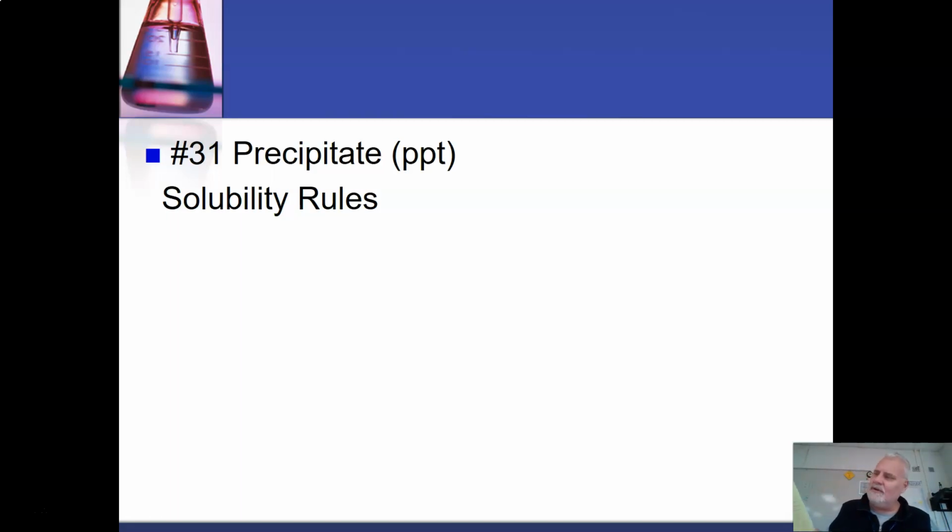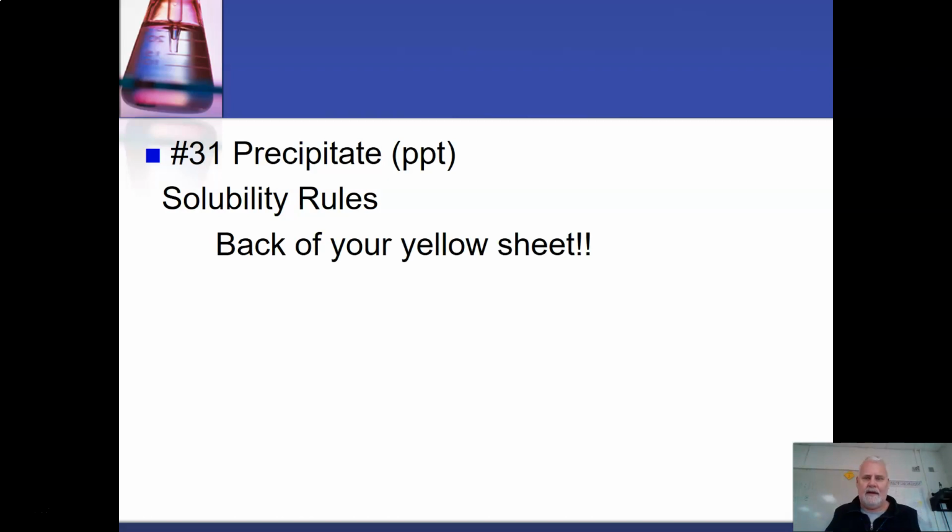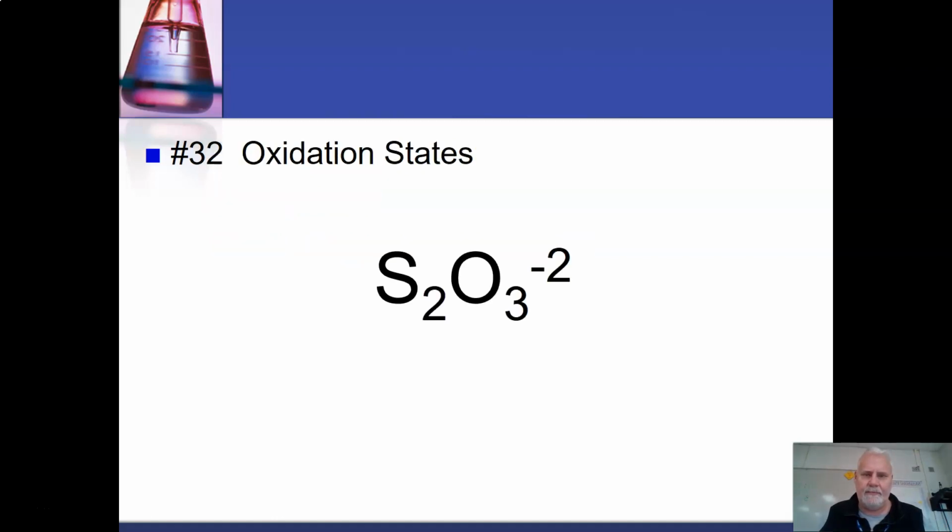So use your yellow sheet. Make a note of that so you can get quick reference to it, and have that packet out and at the ready. Using the back of your yellow sheet will really help you with number 31.